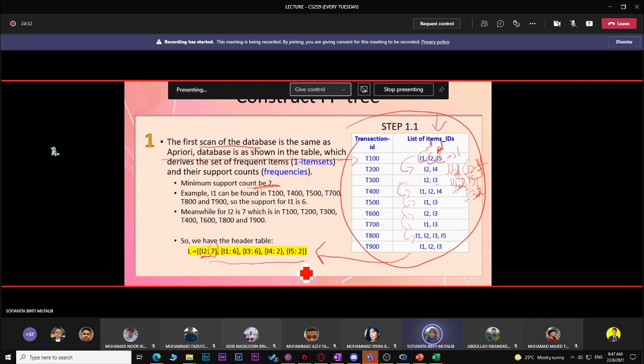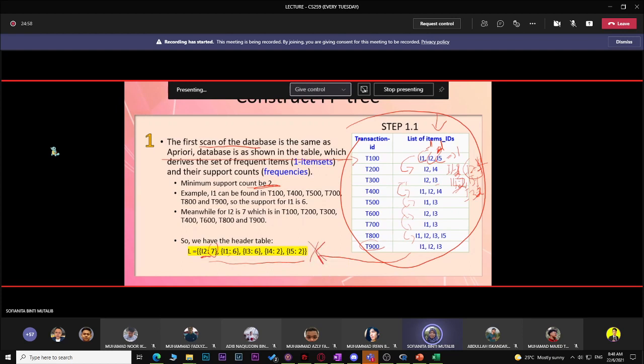Okay, so now if you see I1, I2, I3, I4, and I5, all are inclusive in the header table. In case, for example, you have I6 and I6 only occurs one time, this item will not be included in the header table.